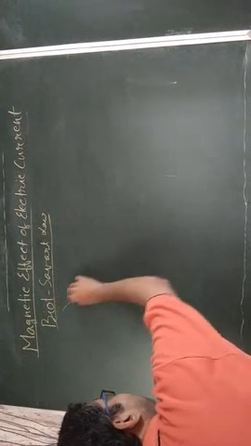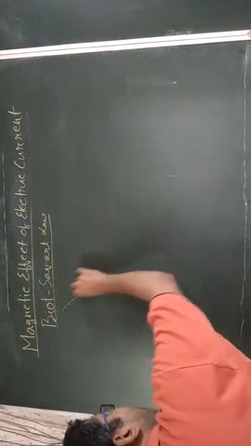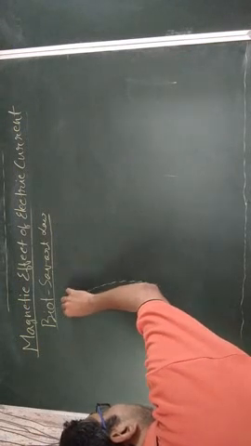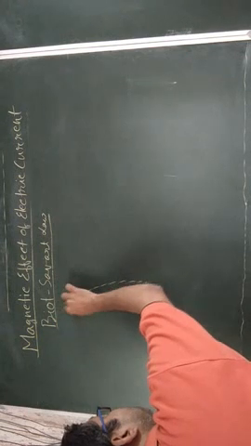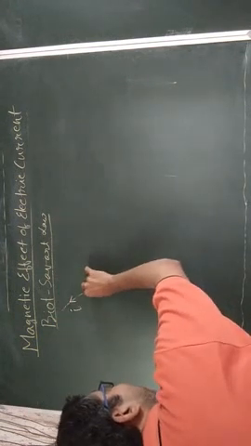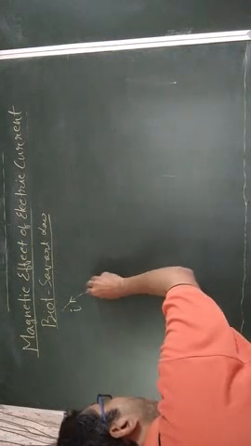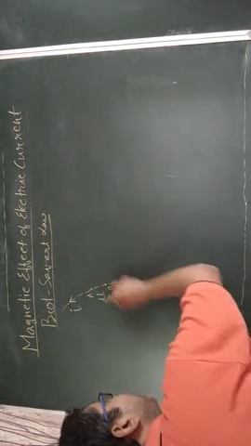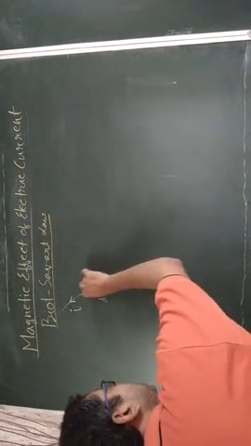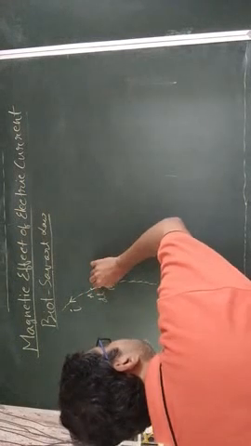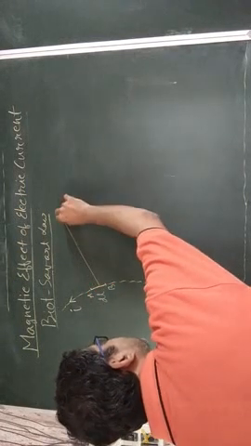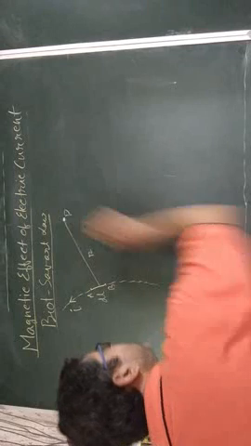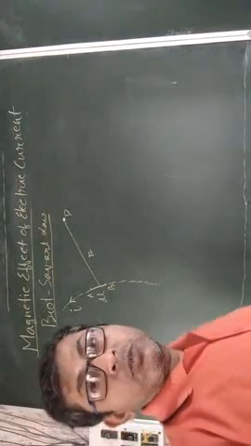Suppose here is a conductor and we assume that it carries a current of I, and let's consider a very small part AB of length dl on it, and a point is selected at a distance r from this element at P, where the magnetic field is to be determined.